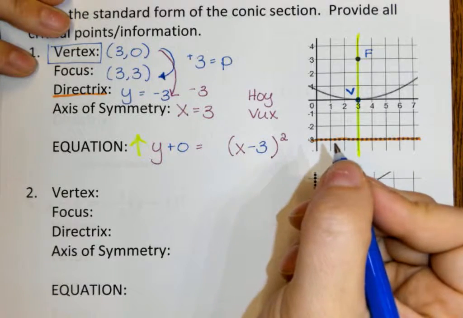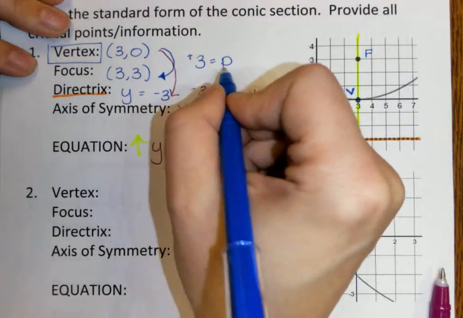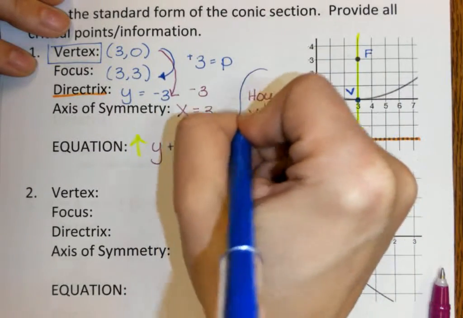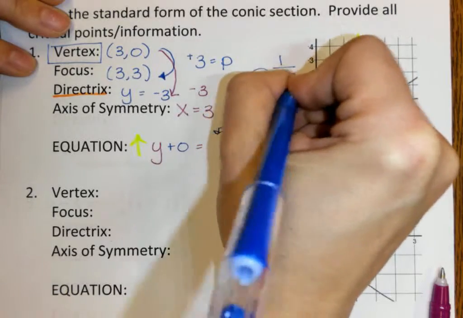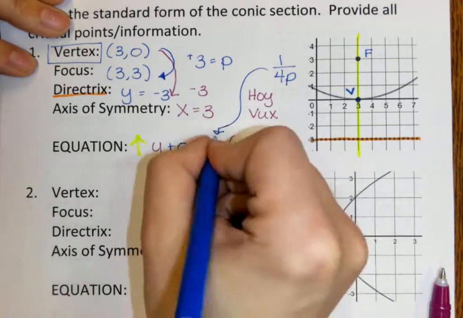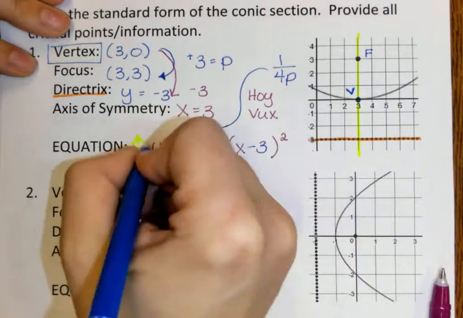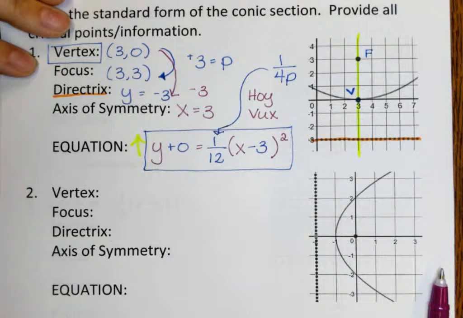Opposite of your X. So just like we did with the other conic sections. And so if P is 3 and this guy right here is 1 over 4P, what am I going to put here? 1 over 12. There's my equation.